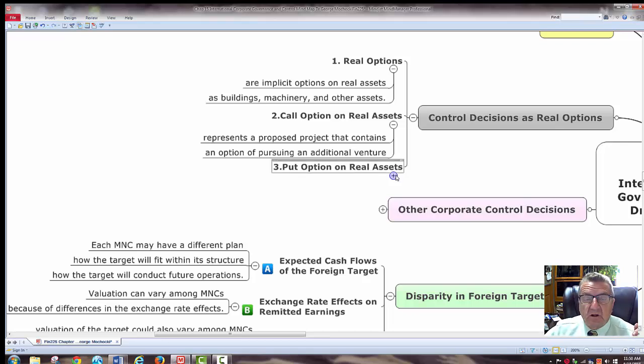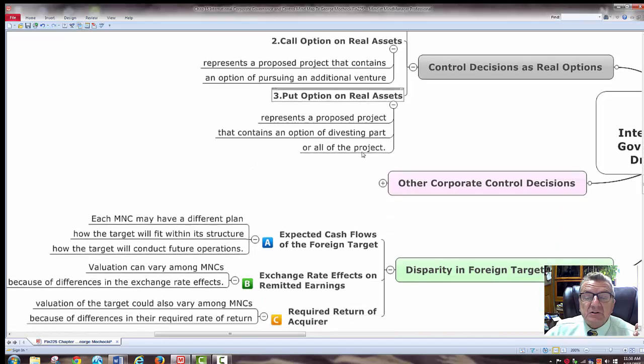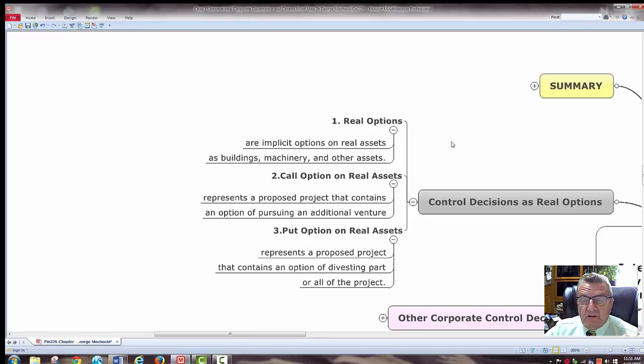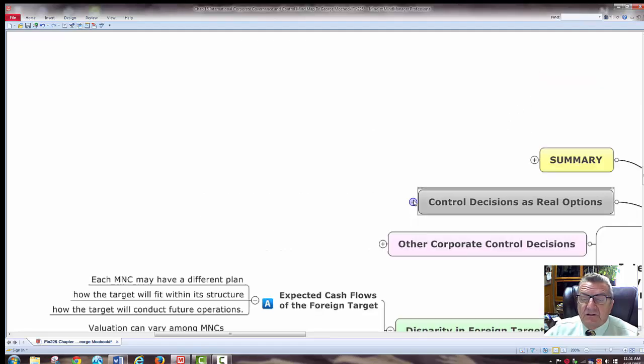Okay, call option. I have a put option on the real asset representing a proposed project that contains an option of divesting part or all of the project. Okay, so those are my two. So that takes care of that.